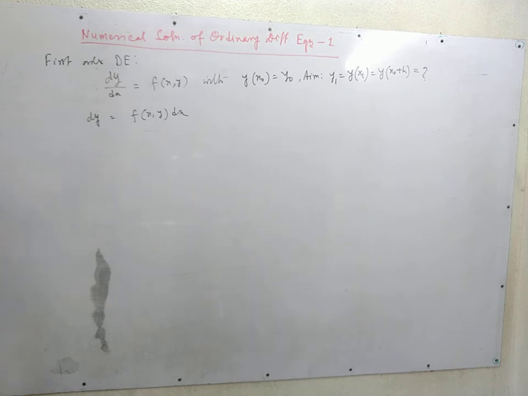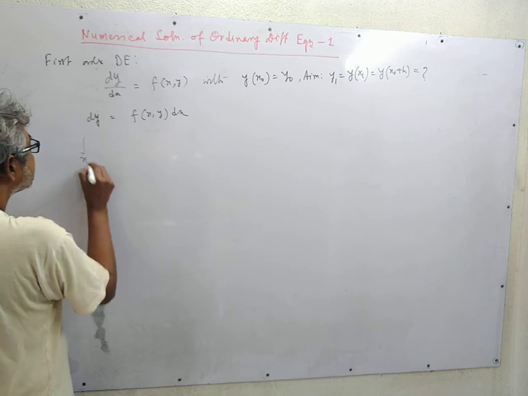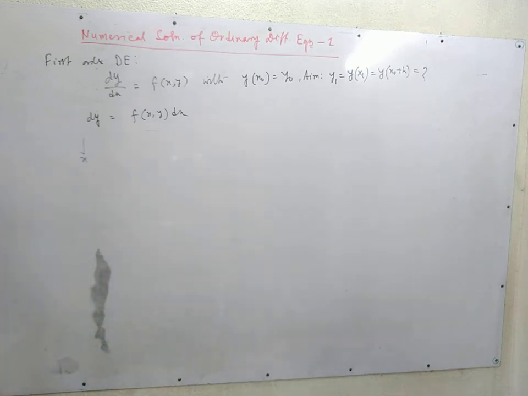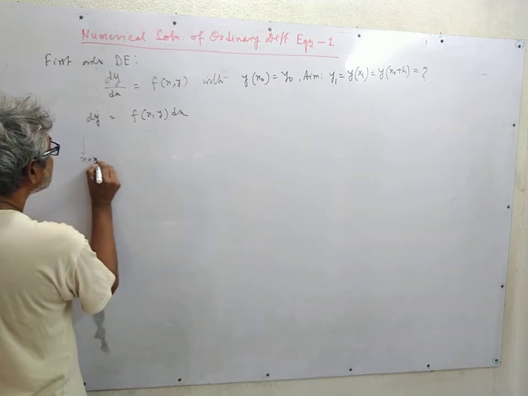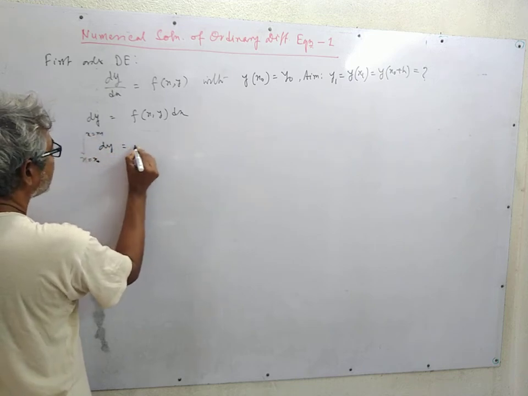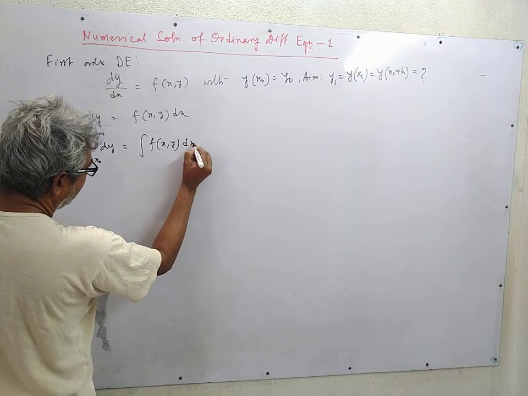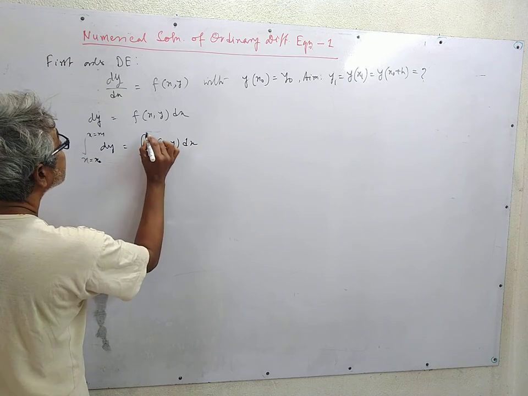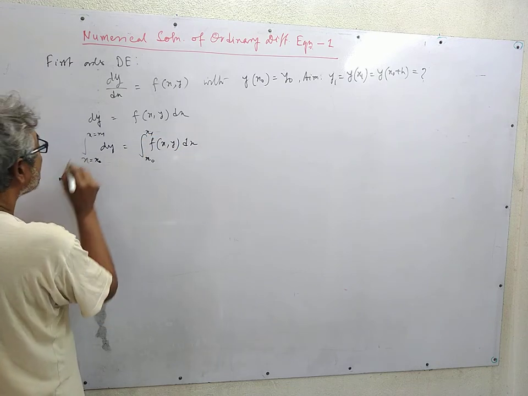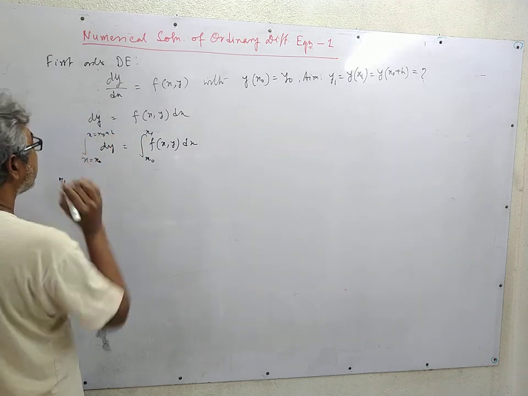Keeping this in mind, we integrate it between limits x equal to x0 to x equal to x1 of dy. On the right hand side we have the integral of f of x,y dx from x0 to x1, where x1 is x0 plus h.